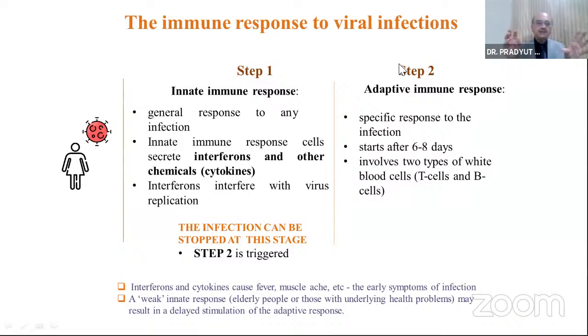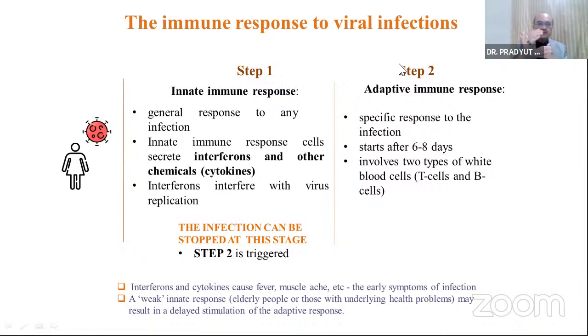What happens? This innate immune system secretes certain molecules called interferons and cytokines. These interferons and cytokines interfere with the virus, prevent its replication, and destroy the virus.